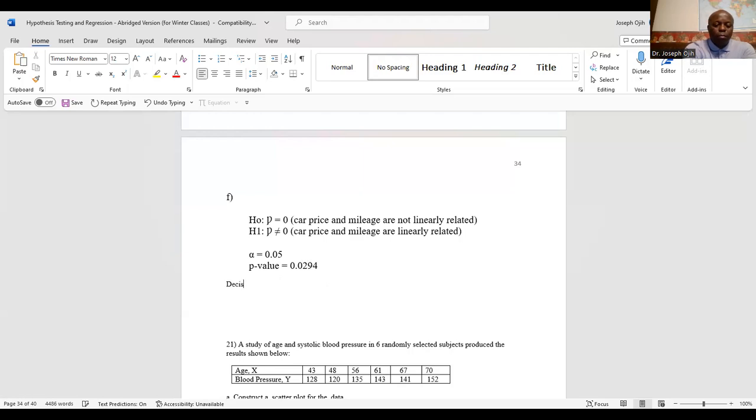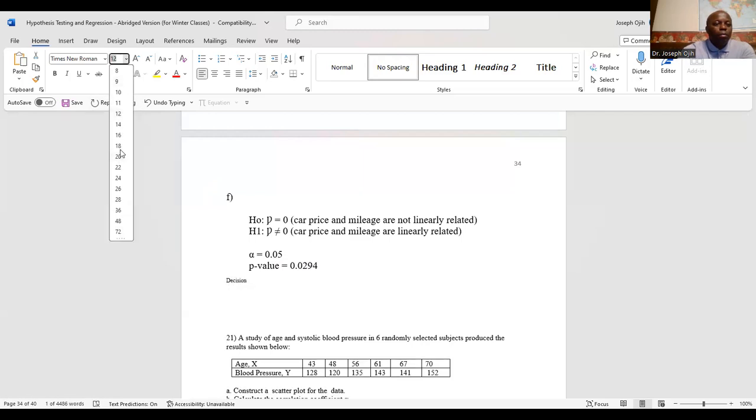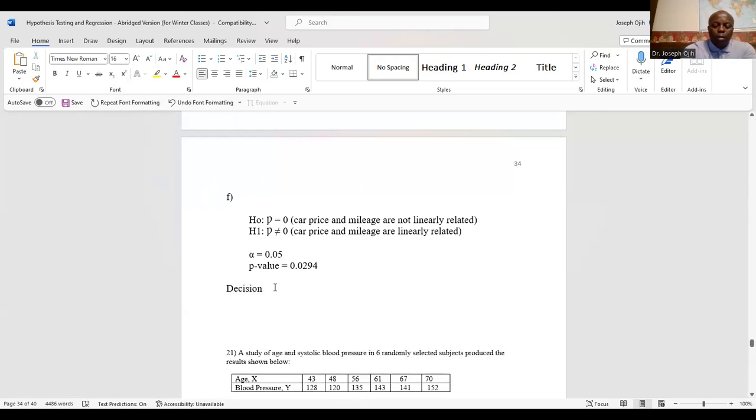Decision: reject H0 because the p-value of 0.0294 is less than alpha of 0.05.